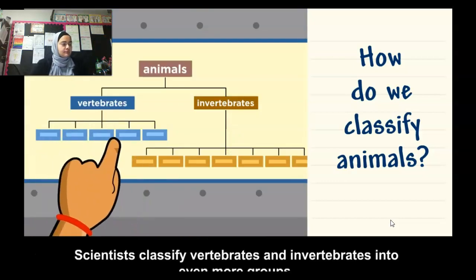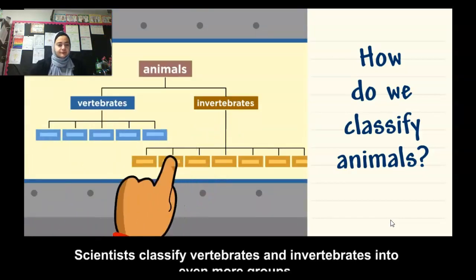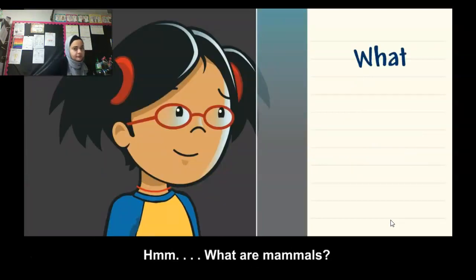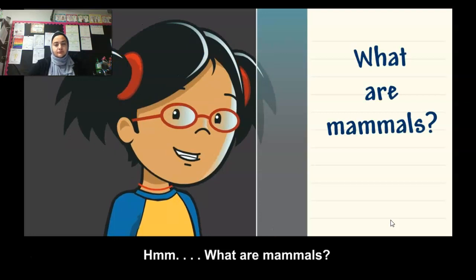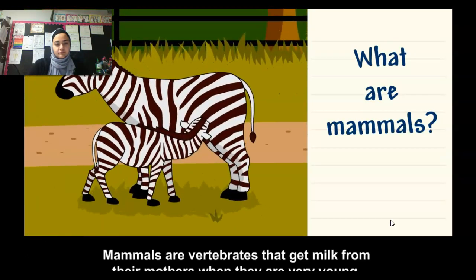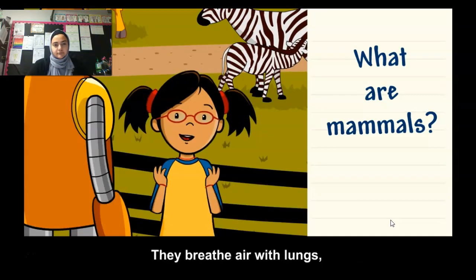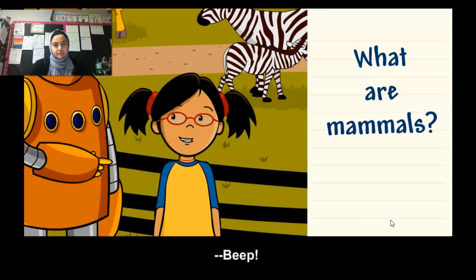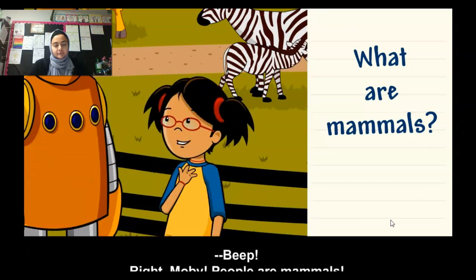Scientists classify vertebrates and invertebrates into even more groups. What are mammals? Mammals are vertebrates that get milk from their mothers when they are very young. They breathe air with lungs and have hair or fur. Right, Moby, people are mammals.